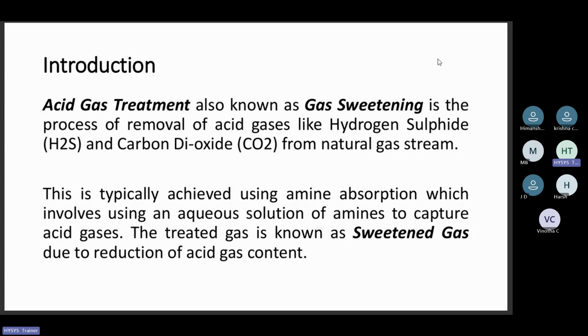That's why the gas which comes out as the product of this process is called sweetened gas or sweet gas.